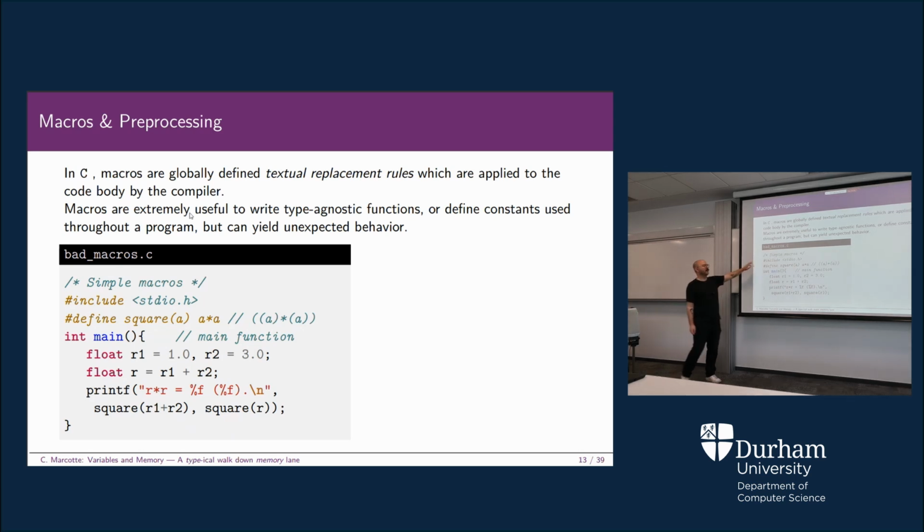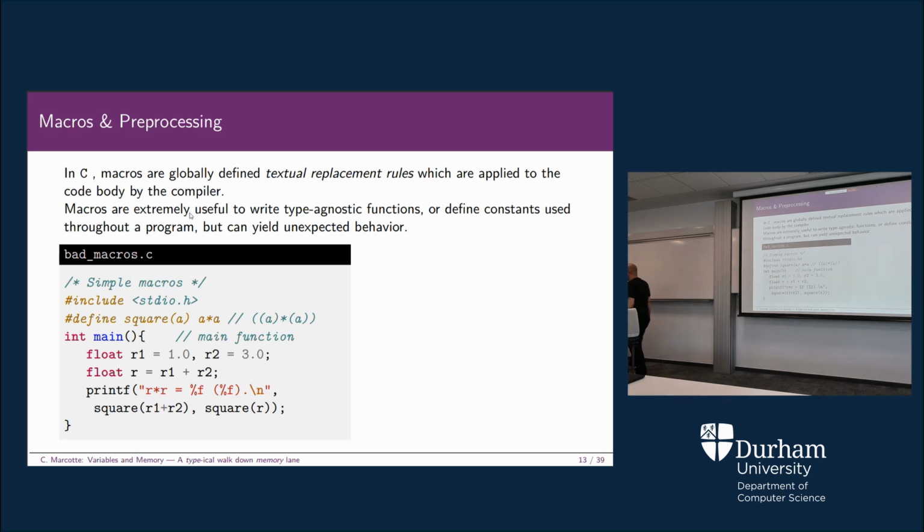So here we have a program called bad macros. You can imagine it's not very good, where we define a macro that says square of a is a times a. Simple enough, right? In our main function, we specify float r1 and r2. We have float r equal to r1 plus r2. And then we're going to print the square of r1 plus r2 and the square of r.